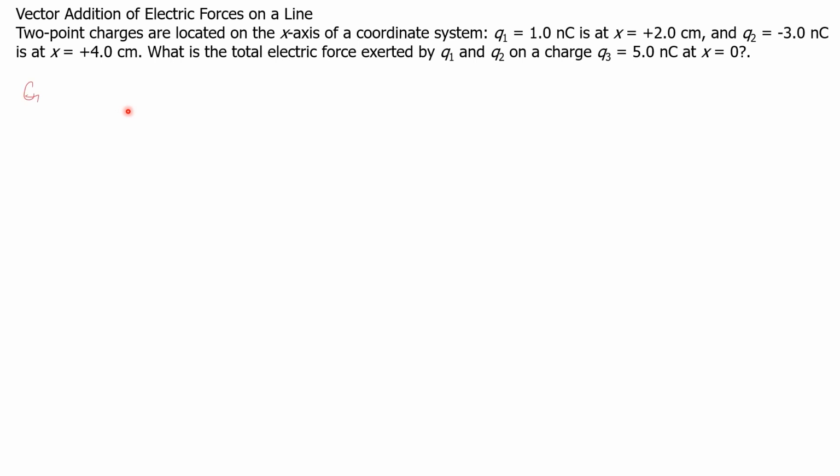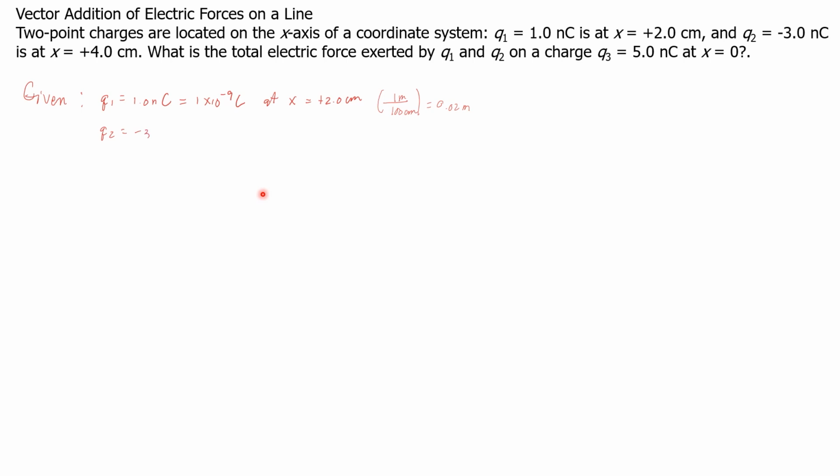So the given is charge 1 is 1 nanocoulomb, that is equal to 1 times 10 to the negative 9 coulomb at x equal to positive 2 centimeter. Again, this is not in the proper unit, so we need to convert this, and this is equivalent to 0.02 meters.